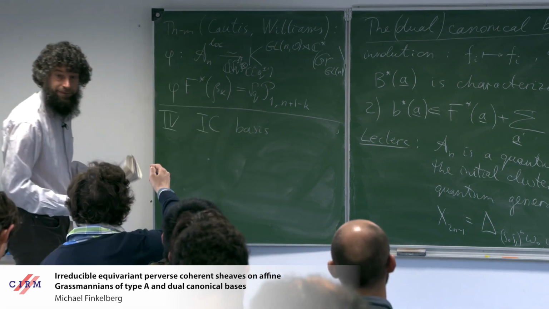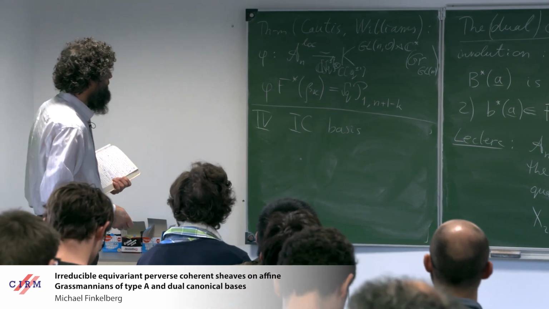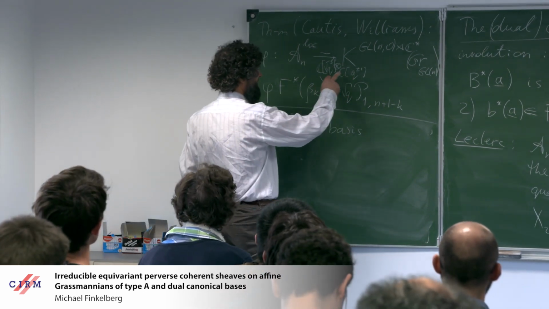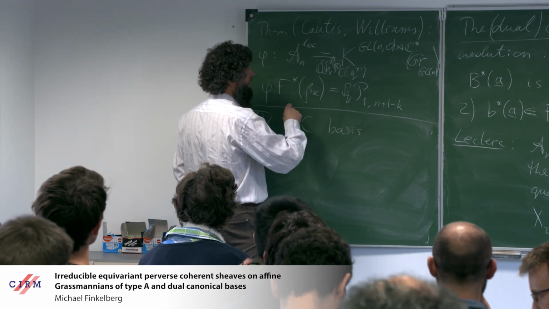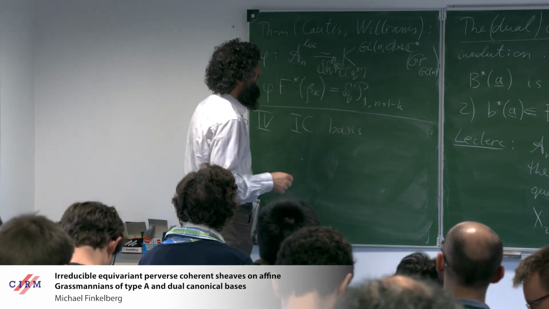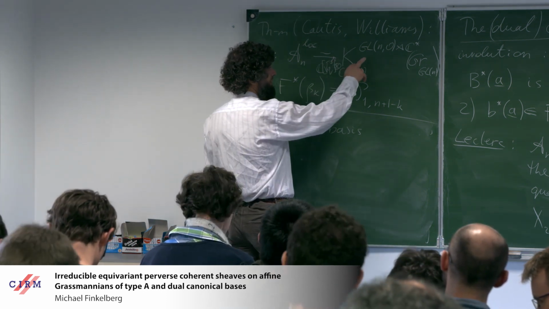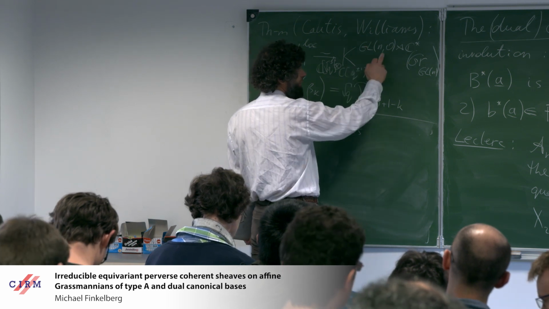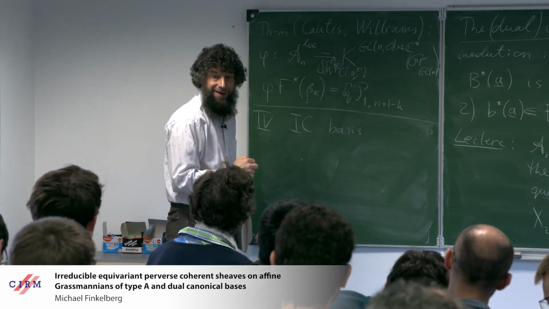What does it mean, this tensor you just wrote down? So I just extend scalars to tensor K by that. So I take K theory. It is a module over the equivariant K theory of the point.